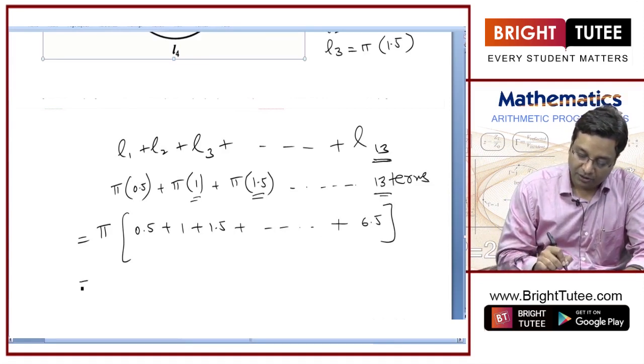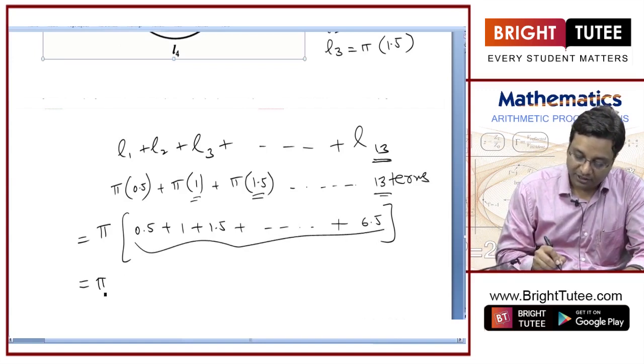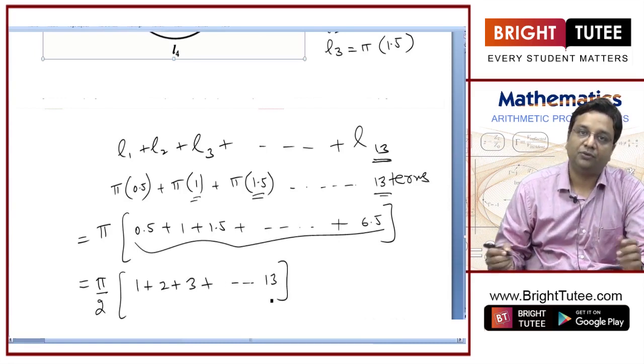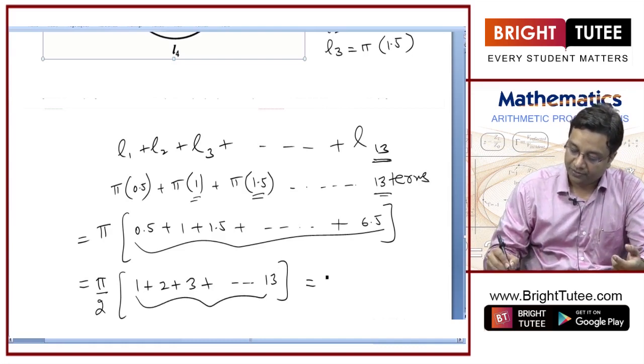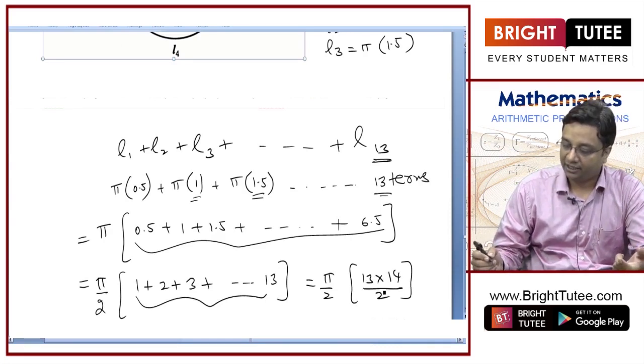So now what you can do is, you can multiply it by 2, then if I divide it by 2 and multiply it by 2, it will be nothing but 1 plus 2 plus 3 up to 13, the sum of first 13 natural numbers. So the sum of first 13 natural numbers is what? Pi by 2, 13 into 14 by 2, n into n plus 1 by 2.